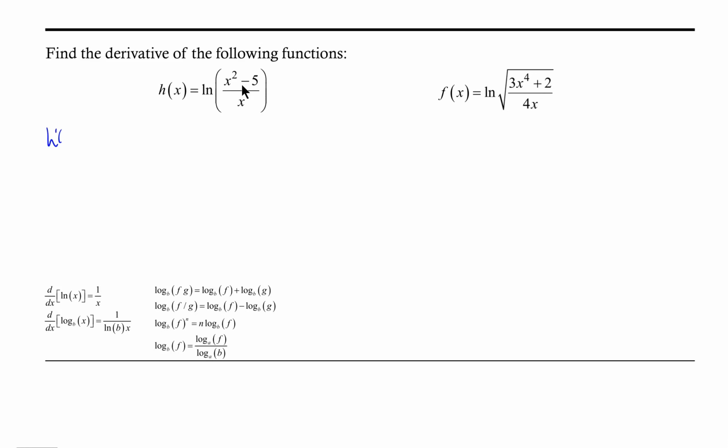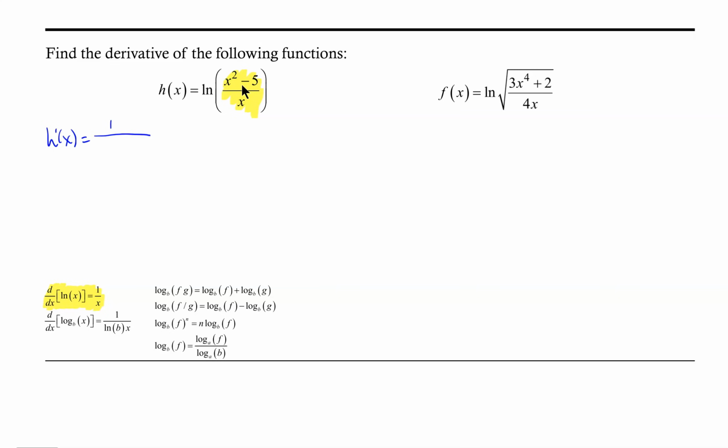So h prime of x is equal to, now since this is a logarithm of an argument, we're going to use the differentiation rule that the derivative of the natural log of x is 1 over x. So we're going to have 1 over our argument.